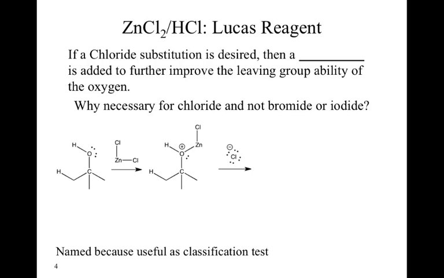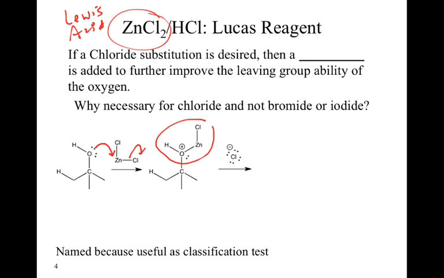With the HCl, what we end up adding is a catalyst. The zinc chloride acts as a Lewis acid catalyst. If you remember your definitions of Lewis acids, they accept electrons. So in the very first step of our reaction, the oxygen donates its electrons to the zinc, can kick out a chloride, and we now form a much better leaving group.